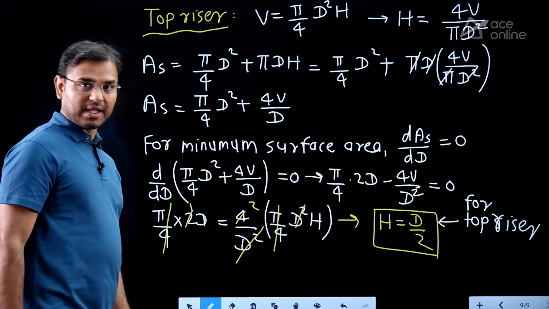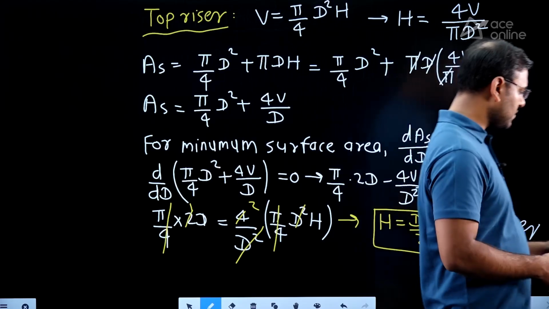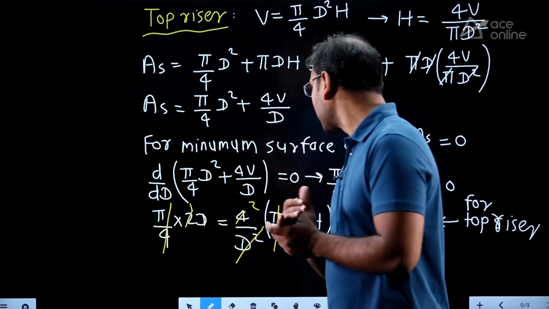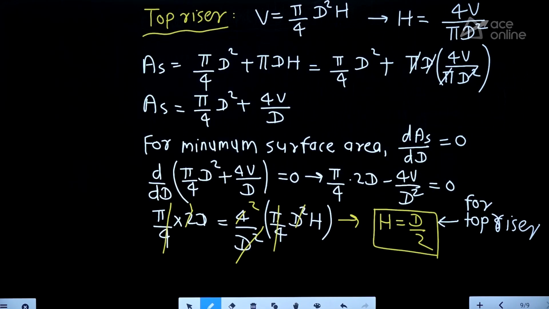For the top riser, if we take the height equal to diameter by 2, then what happens, guys? We can get the minimum surface area for heat transfer, therefore we can maintain the molten metal for more time. Then the riser can supply the molten metal to the casting cavity.